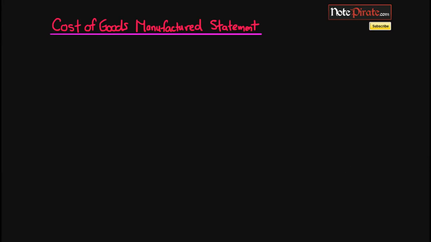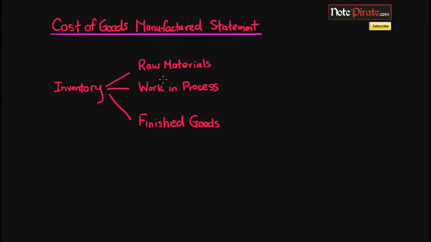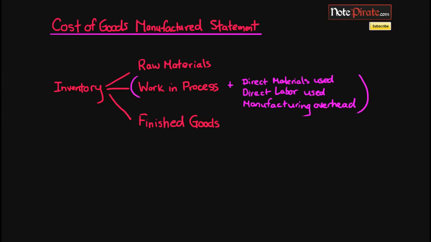So last time I was talking about how inventory, the account on the balance sheet, is subdivided into three sub-accounts: raw materials, work in process, and finished goods. And if we take work in process, one of the sub-accounts, and add three items: direct materials used, direct labor used, and manufacturing overhead incurred, we're going to get a figure known as cost of goods manufactured, which is the basis for this presentation.